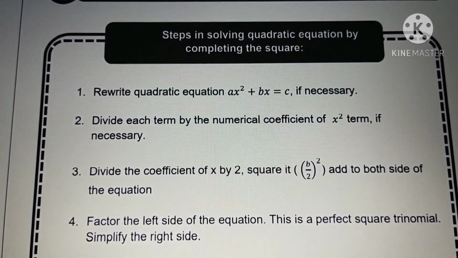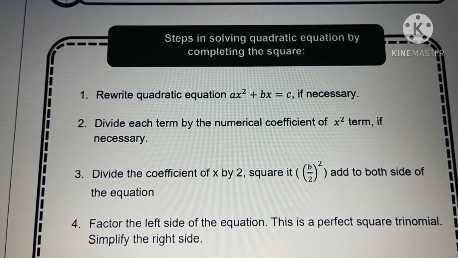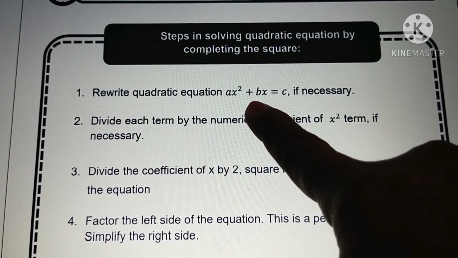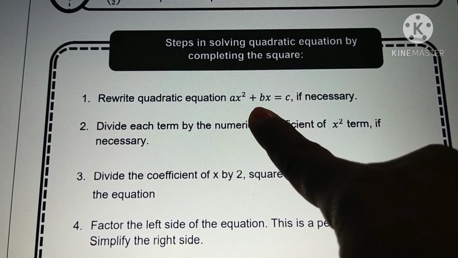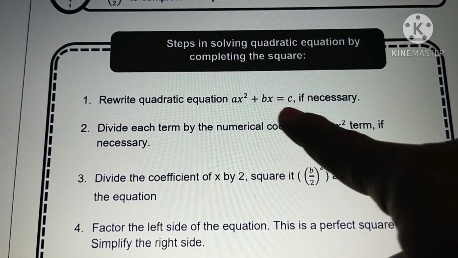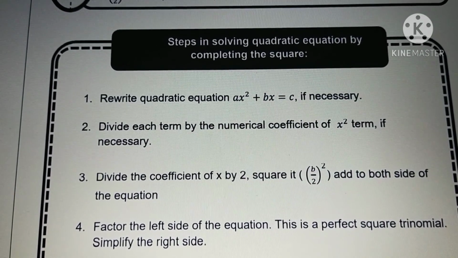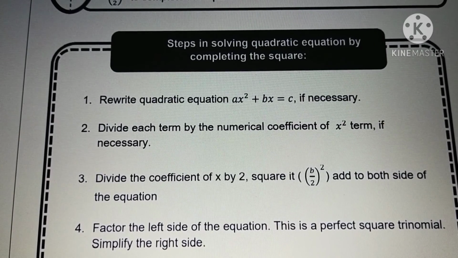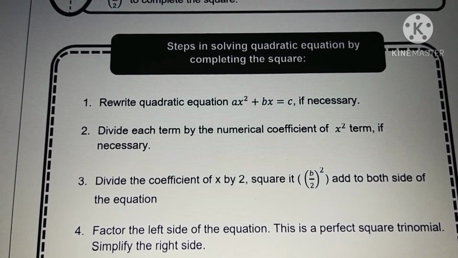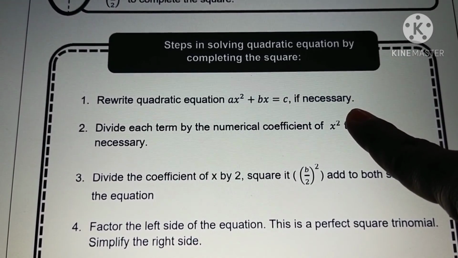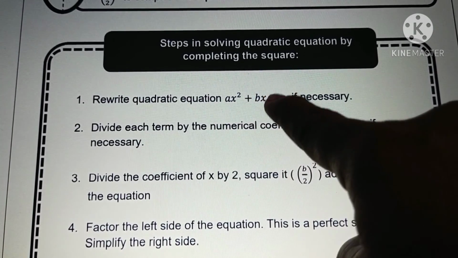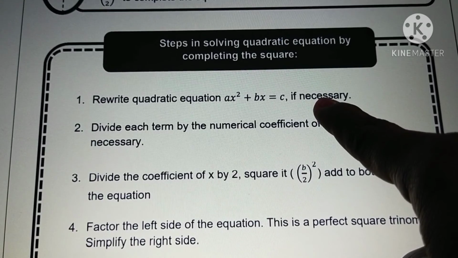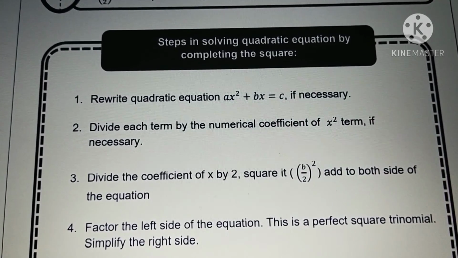Step number 1, rewrite the quadratic equation in this form: ax squared plus bx equals c, if necessary. Kung naka-standard po siya, i-transpose natin na yung constant term po sa kabila.